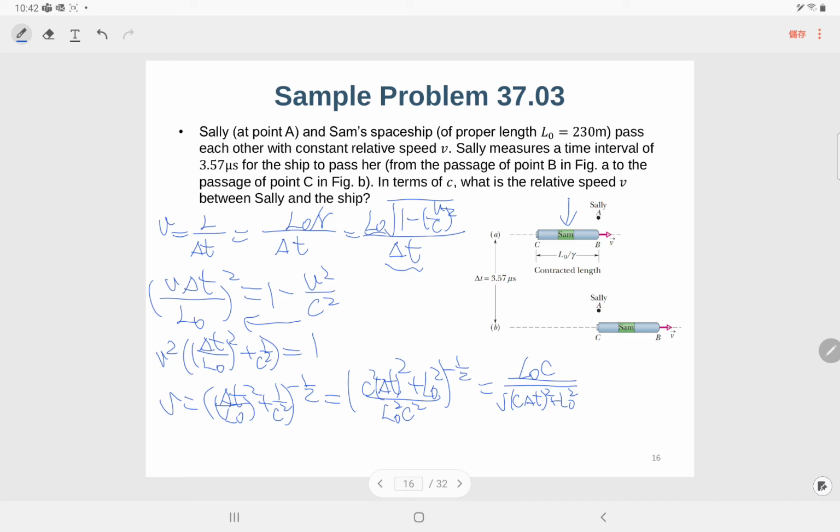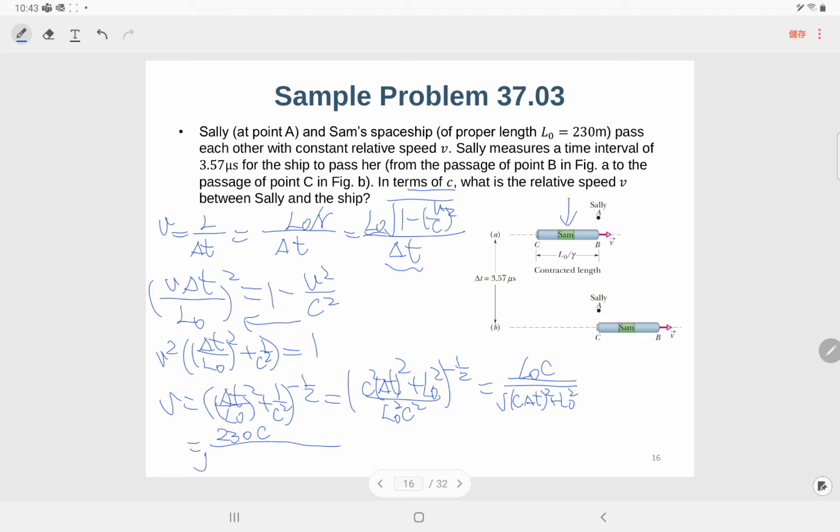We substitute everything in: L0 is 230 meters, and in terms of c we don't need to plug in 2.998 times 10 to the 8th power.